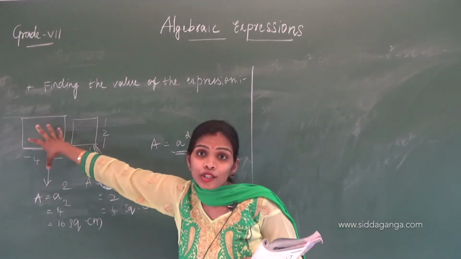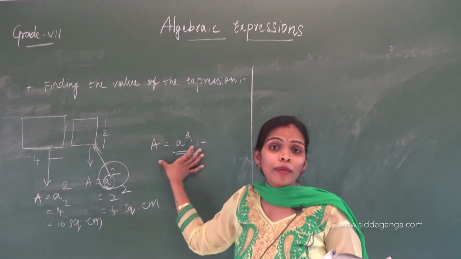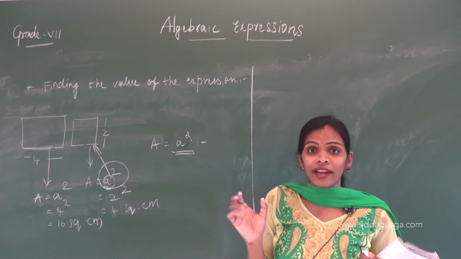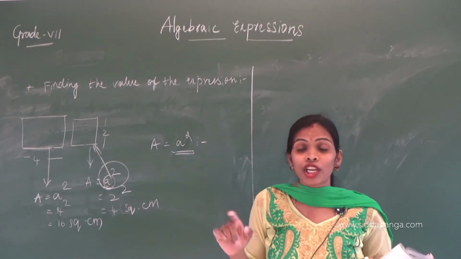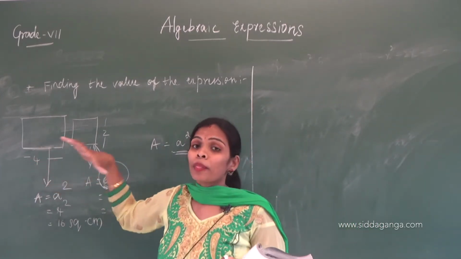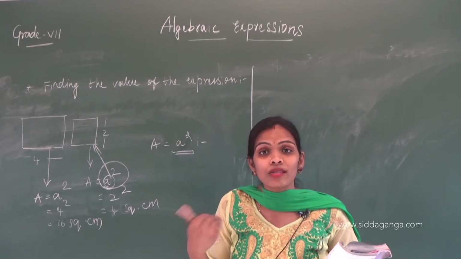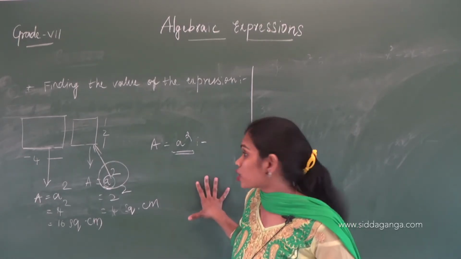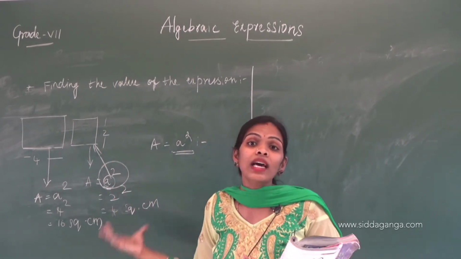The algebraic expression is not changing. To find the area of the square, we do not change the algebraic expression. What we are changing is the length of the side, according to the situation. So the value of the expression, the area of the different squares, is changing.